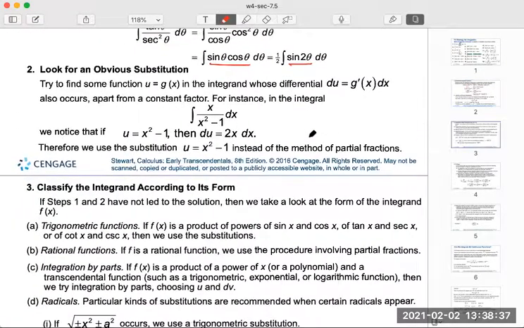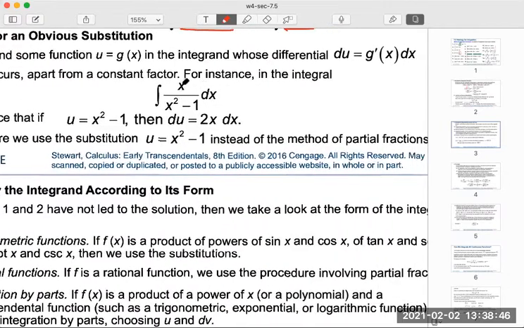So if we face an obvious substitution, then that is beautiful. For example, here, if we see the integral of x divided by x squared minus 1 dx, and we define u to be x squared minus 1, we take the derivative of both sides with respect to x.